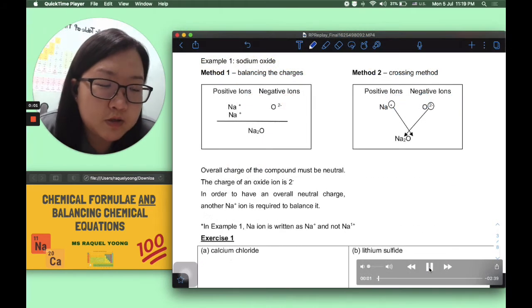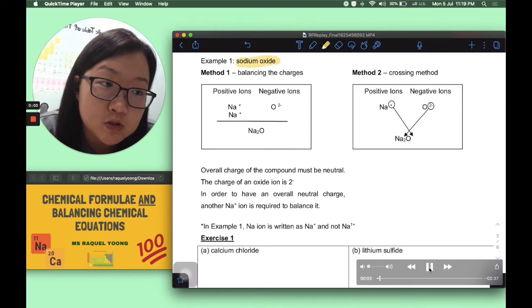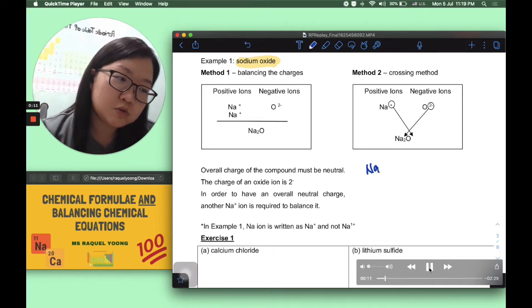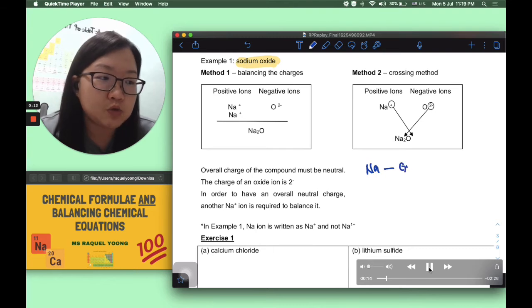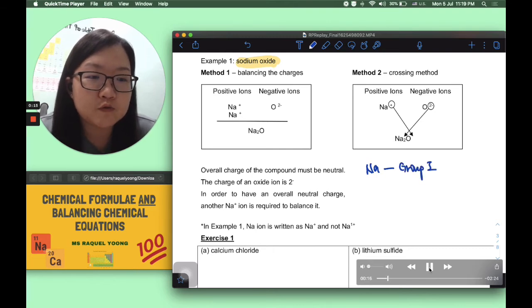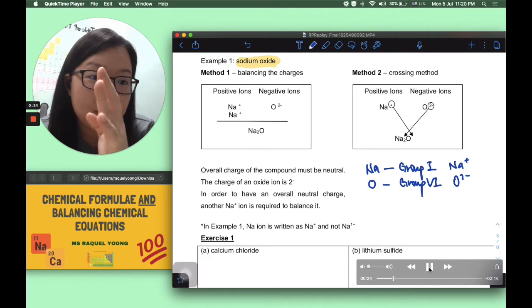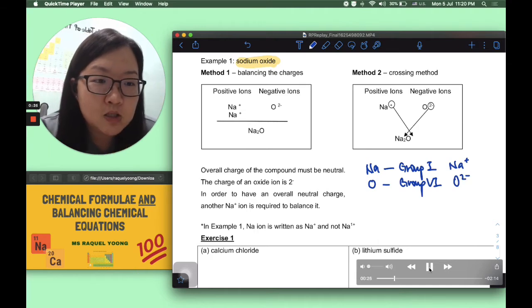So now let's look at example 1, sodium oxide, to demonstrate how to balance the charges so as to finally arrive at the chemical formula of an ionic compound. Sodium, using the periodic table, we know that it's group 1, so it's going to form Na+. Then oxygen is group 6, so it will be 2 minus, O2-.